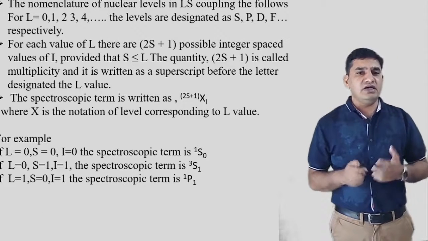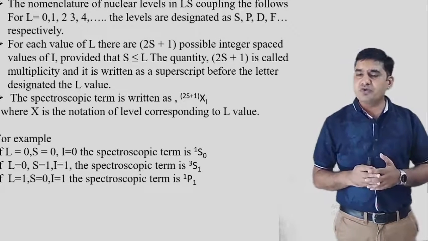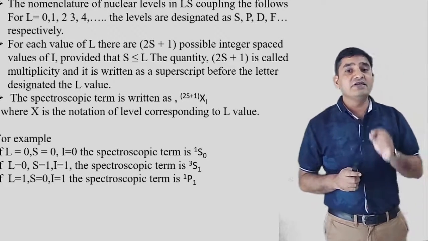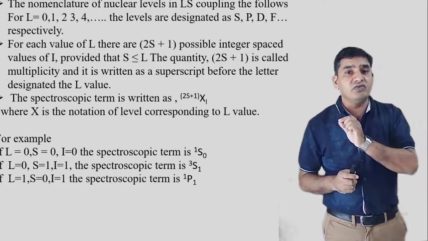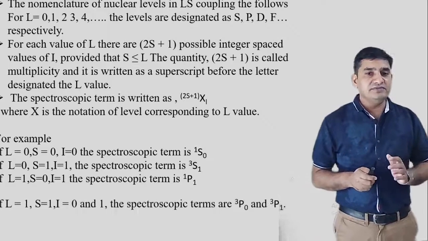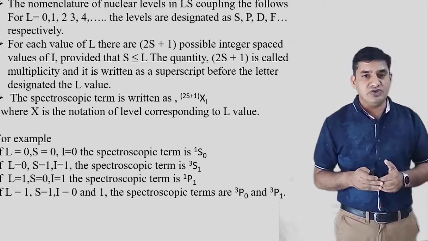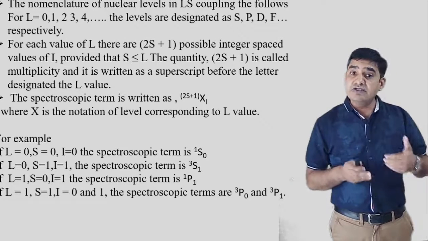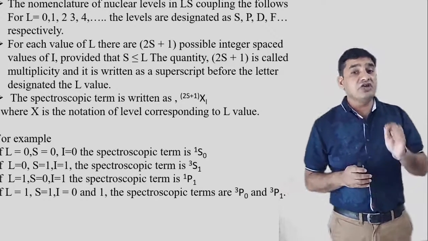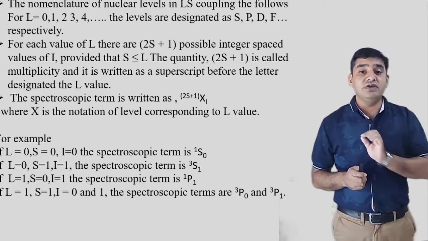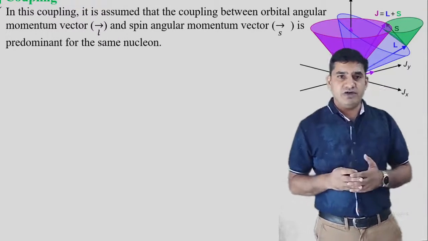If we consider L is equal to 1, S is equal to 0, and J is equal to 1, then the spectroscopic term can be represented as 1P1. Then if L is equal to 1, S is equal to 1, J is equal to 0 and 1, then the spectroscopic term can be written as 3P0 and 3P1.